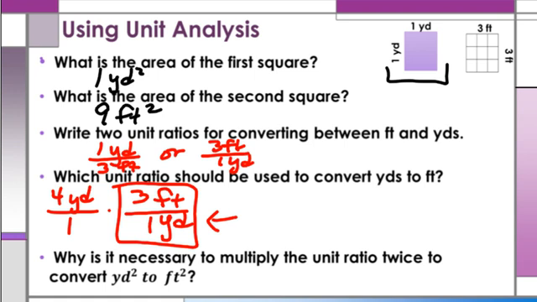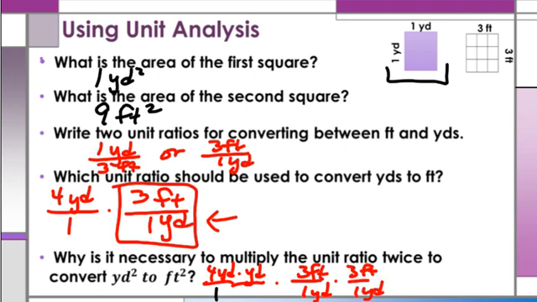So if I take that same example and I want 4 square yards, to make this a little bit easier, let me do yards times yards because that's square yards. Now I use my unit ratio, 3 feet over 1 yard times 3 feet over 1 yard.